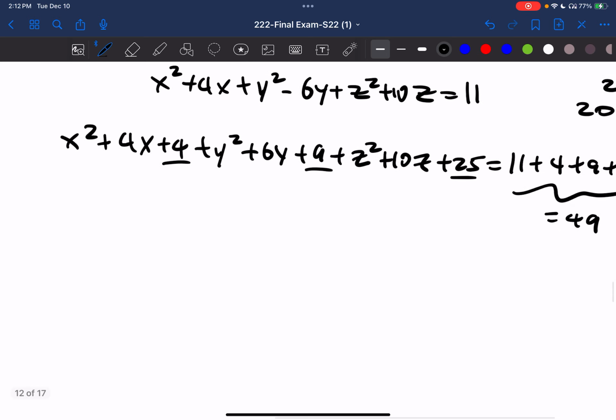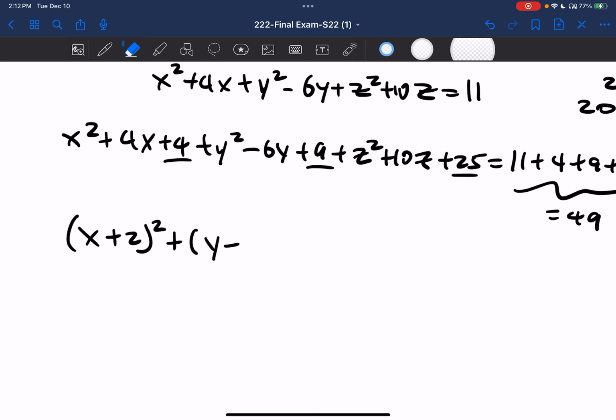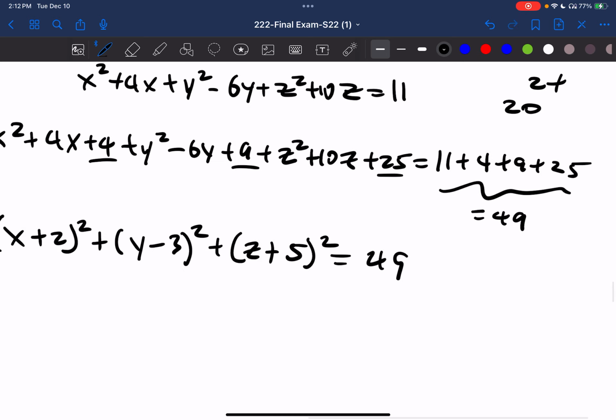Now all of these are perfect squares. So we're going to have x plus 2 squared plus y minus 3 squared, since this is a minus 6y, plus z plus 5 squared, equal to 49.